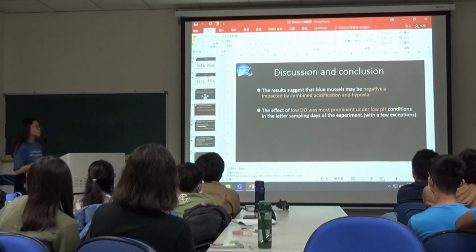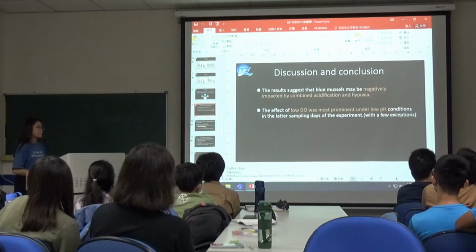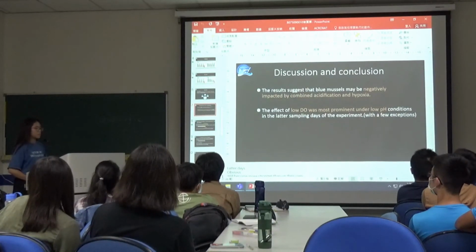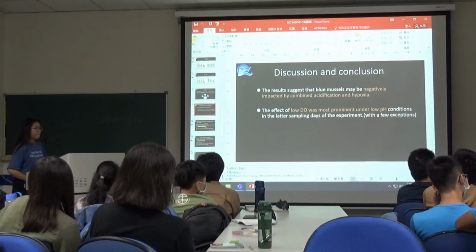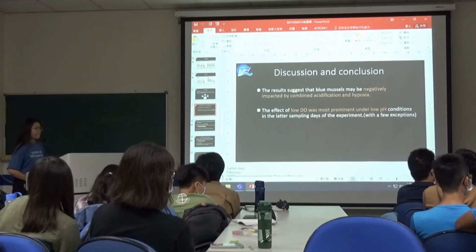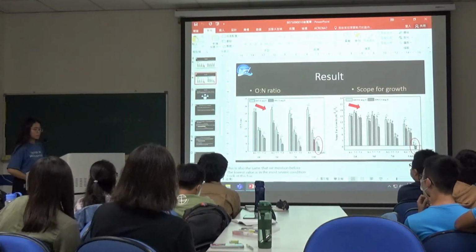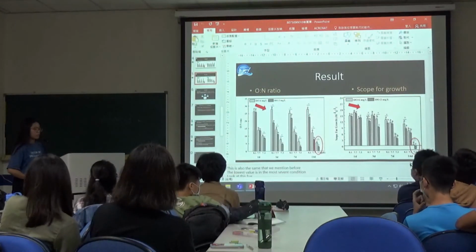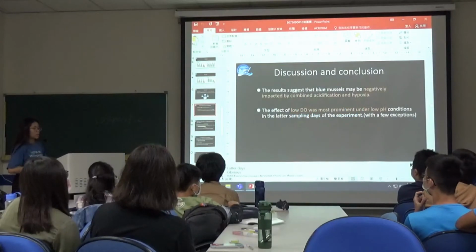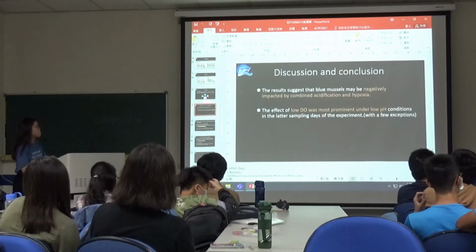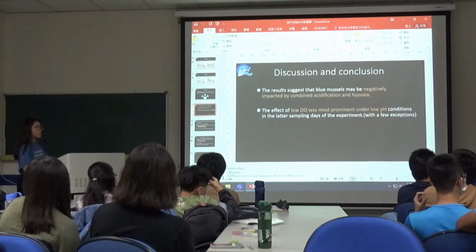It will affect neutrally like that. Do they have a number to say about this? Because this is just a chart. Yes. The paper doesn't give the data. It just gives the picture like that.